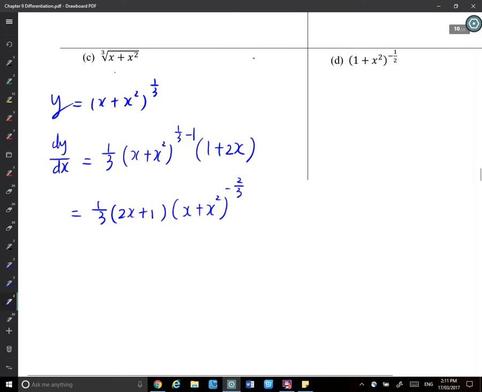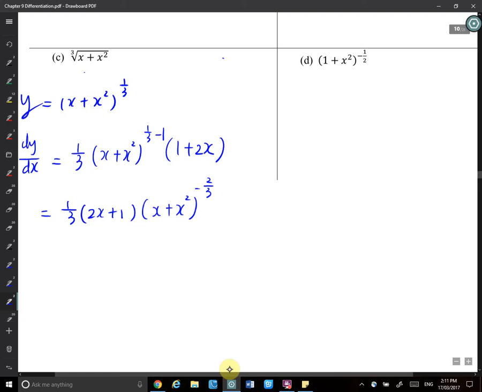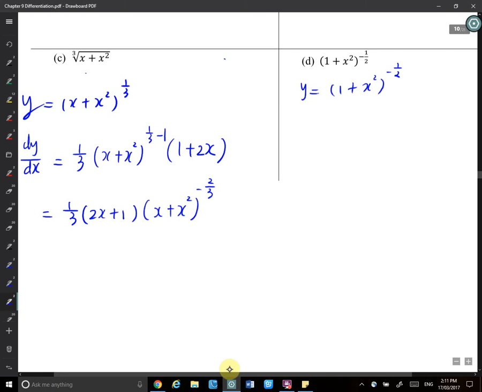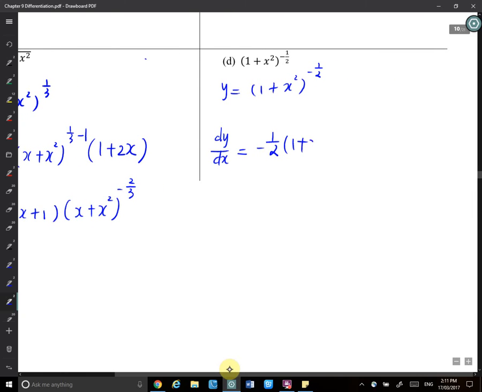Now we have another one here. That is y equals 1 plus x squared to the power of negative a half. The power is negative a half. Then dy/dx will equal, drag the power down and reduce the power by 1, which is negative 3/2. And then derive whatever you have inside, which is 0 plus 2x.